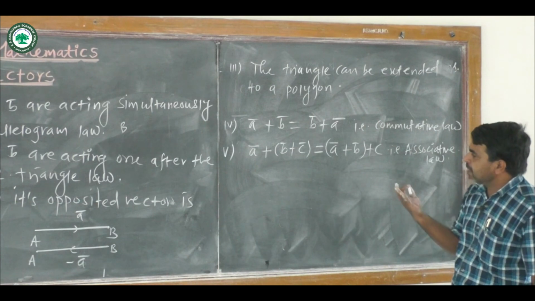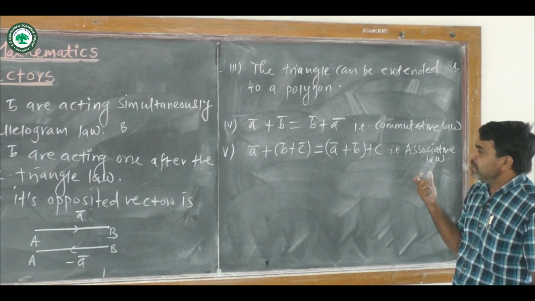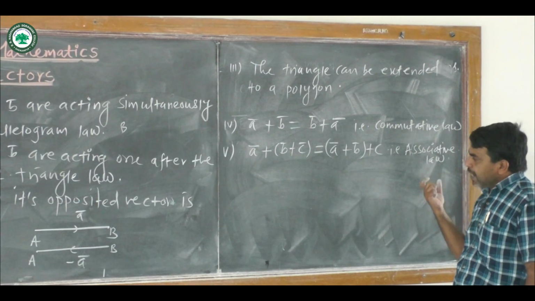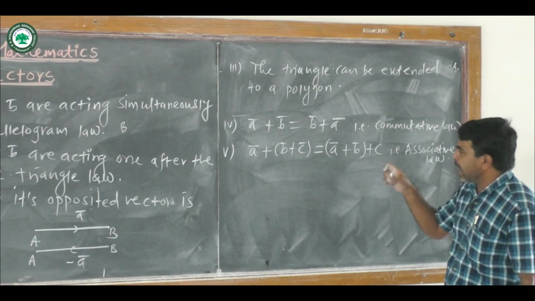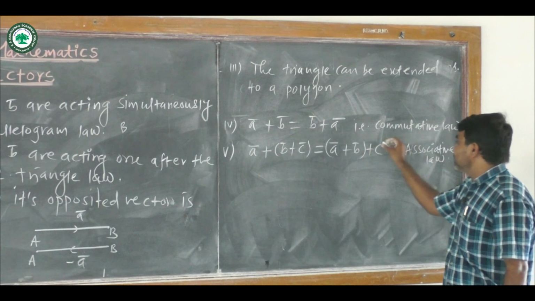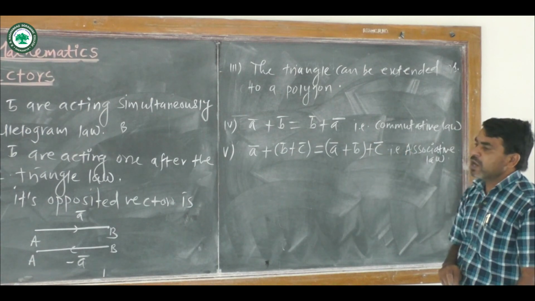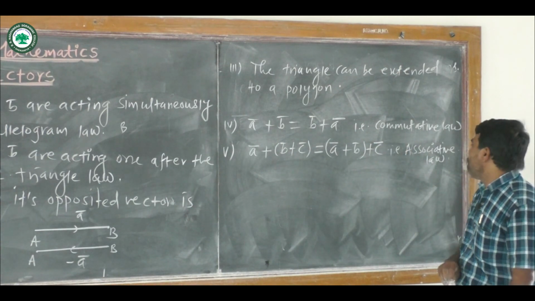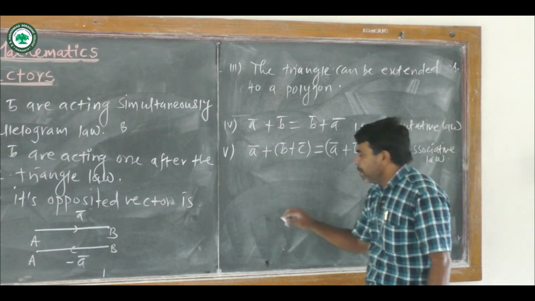If we add B bar and C bar and then add that vector to A bar, it is equal to A bar plus B bar plus C bar. So this is called the associative law or associative property.